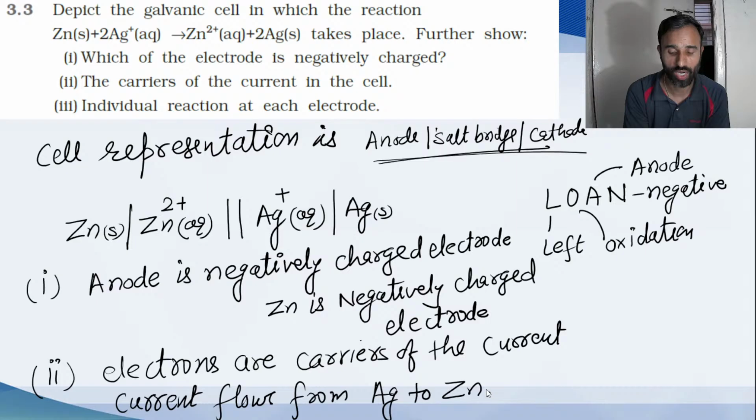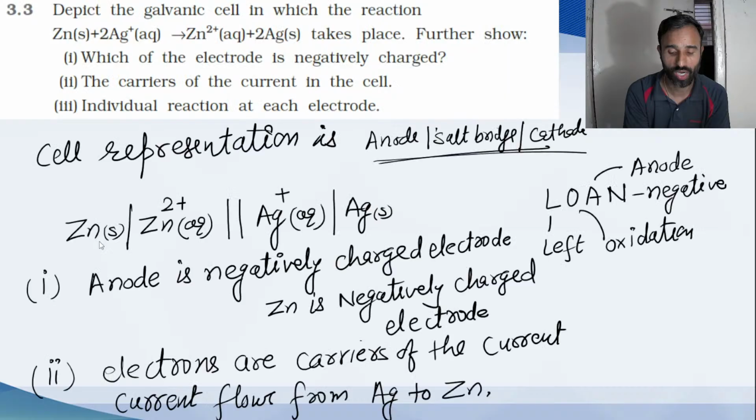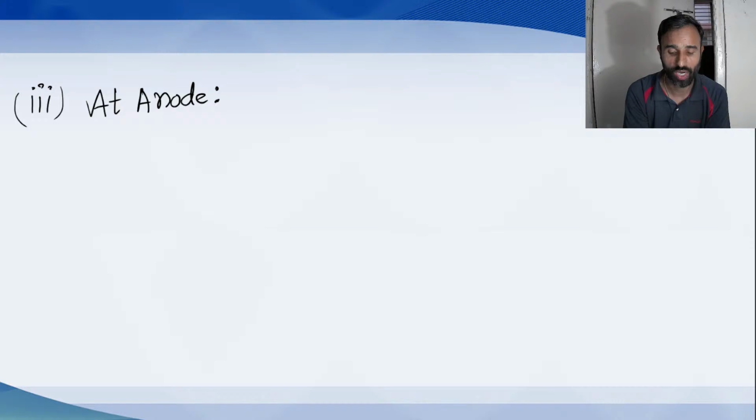Now individual reactions at each electrode. So at anode, what is the reaction? The reaction taking place at anode is zinc solid to give Zn 2 plus aqueous plus 2 electrons. Okay. And what about cathode?